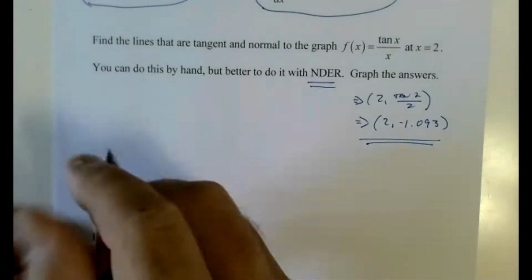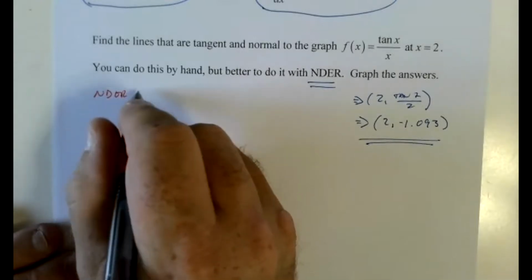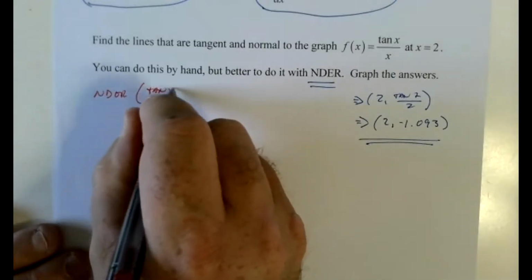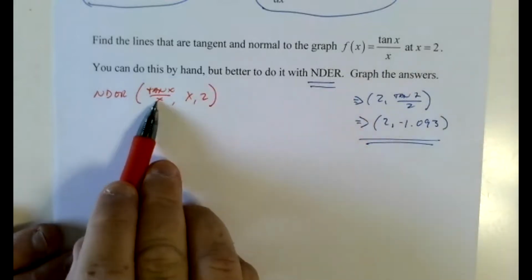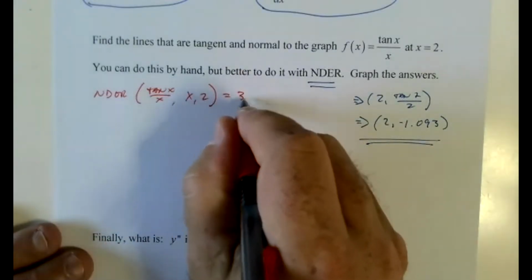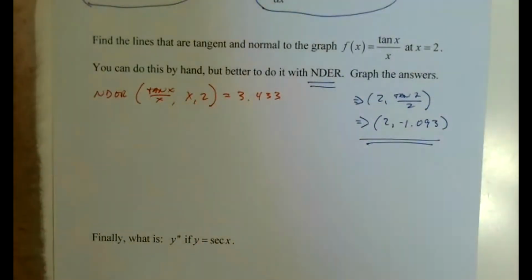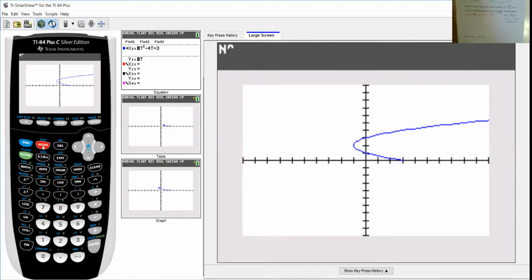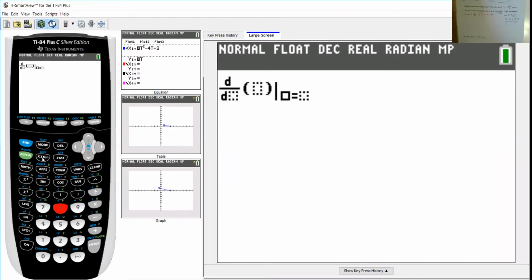All right. So if I do Ender of tan of x over x at 2, so the function with respect to x at 2, I get 3.433. I will show you that because I am sure you're dying to see it. Math 8, derivative with respect to x.